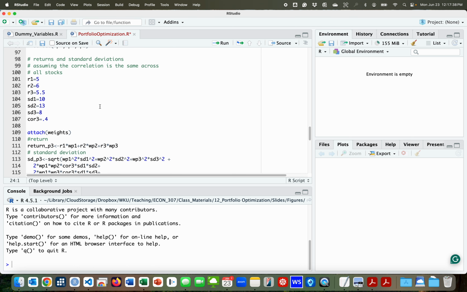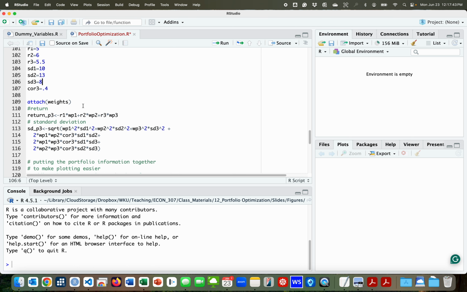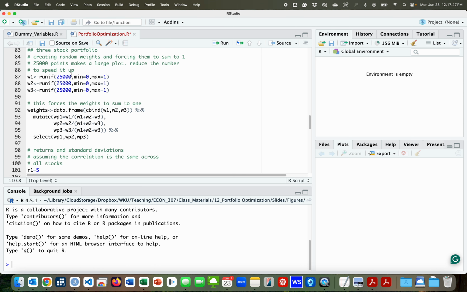But here's the three stock portfolio. Again, just setting my return, setting my standard deviation, setting my correlations. And what I did up here, I just simulated 25,000 portfolios, so just random numbers. I make sure my weights add up to 1 by dividing by the sum.